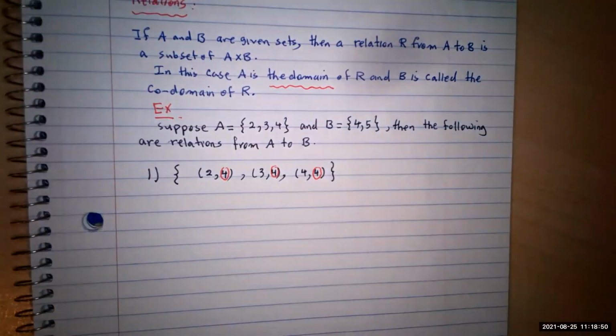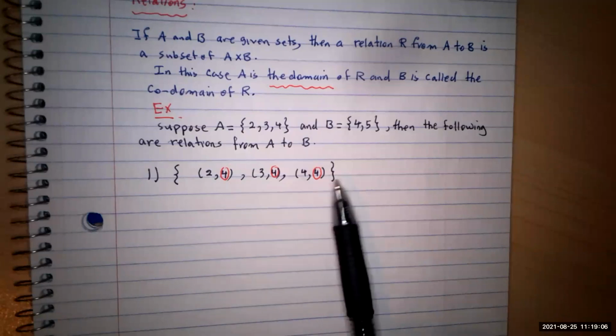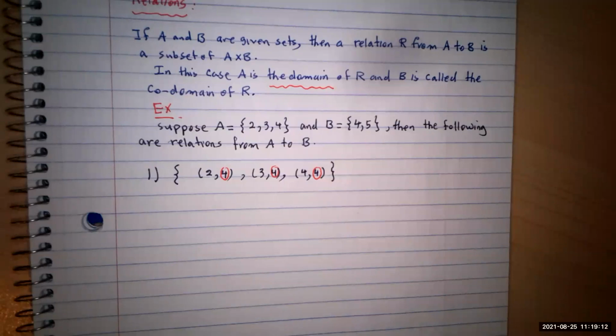Can you think about a relation in everyday life with this property, that the second components are all the same? Everybody is related to one person, if you like. Any everyday life example that you can think about?